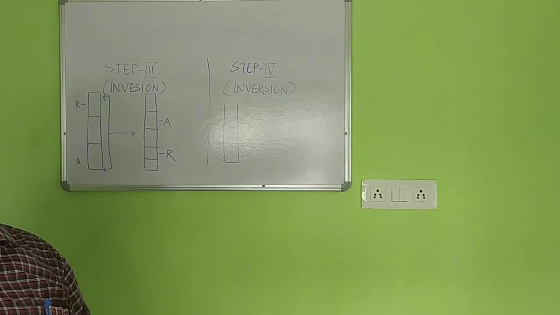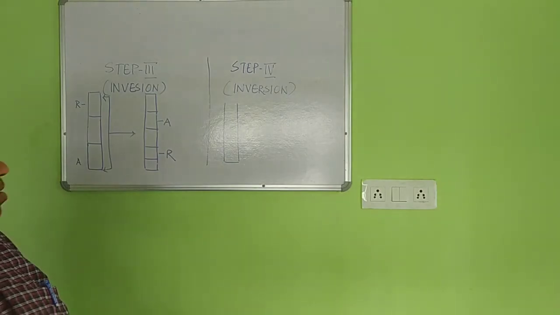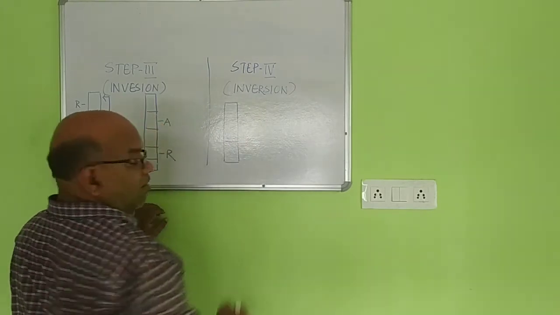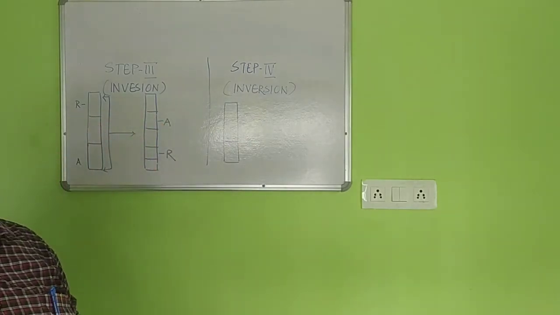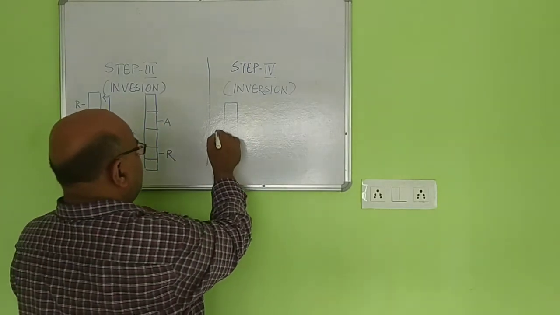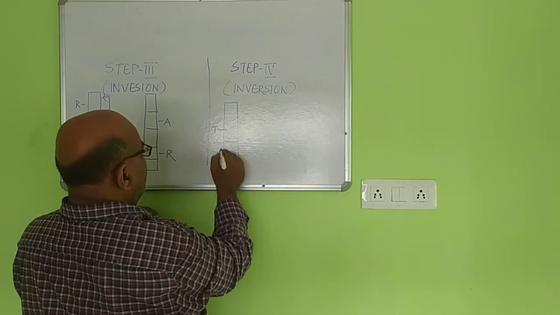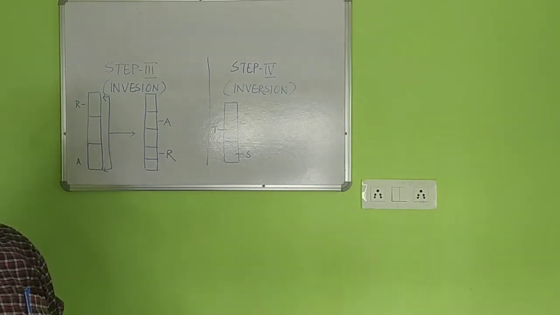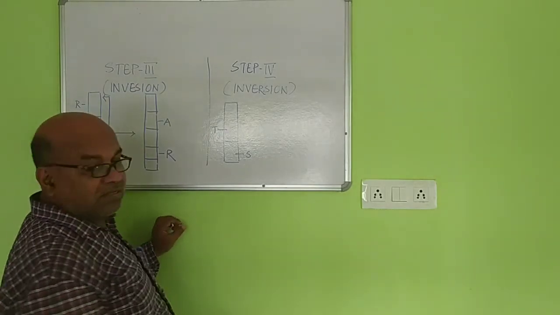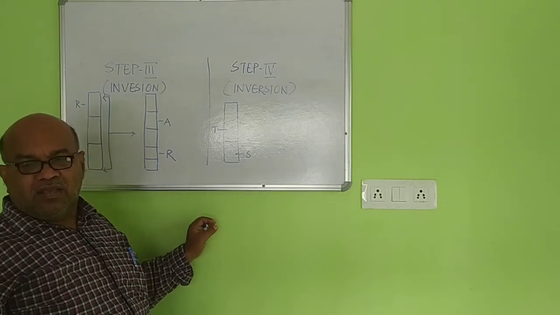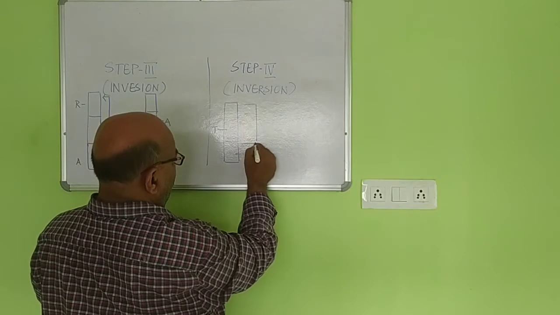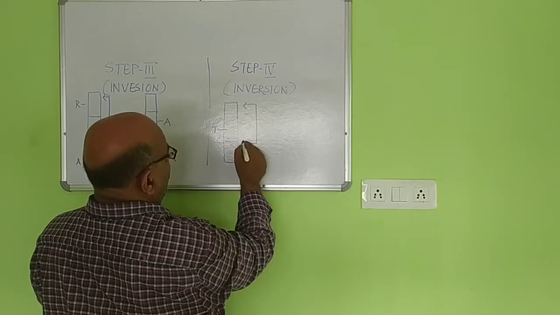In that segment you find the two segments of the chromosome. This is the A-T, this one is the S. And here you find the inversions.